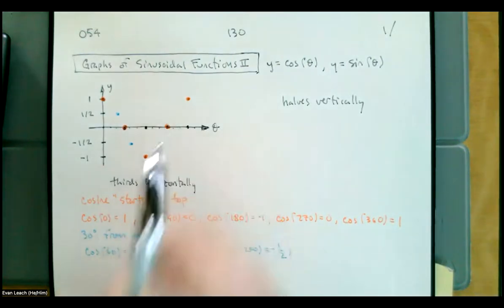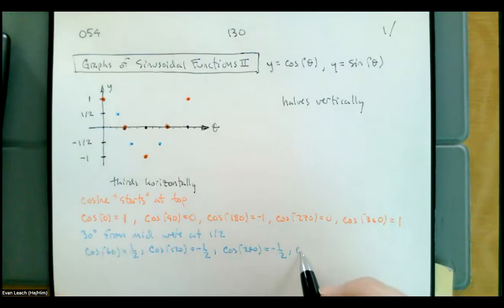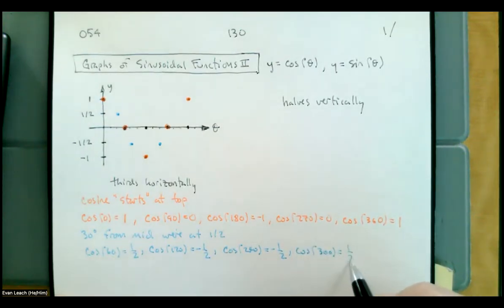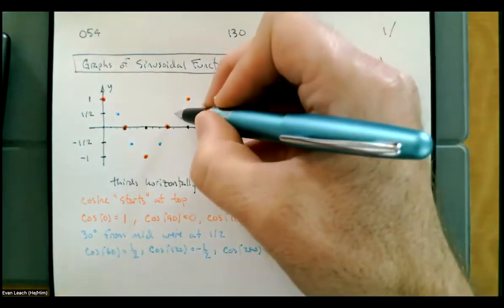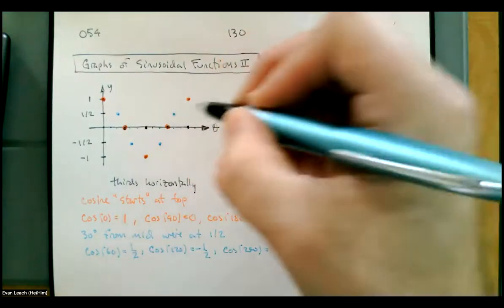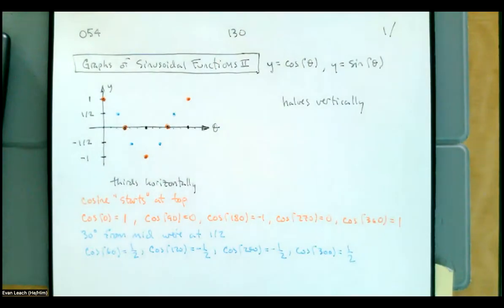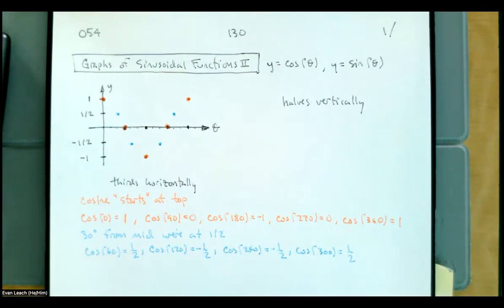And then 30 degrees after 270 at 300, we'll be back to positive 1/2. So 30 degrees on either side of the middle, that's where we hit our plus and minus 1/2. Let's make sure that we're all going in the appropriate direction.